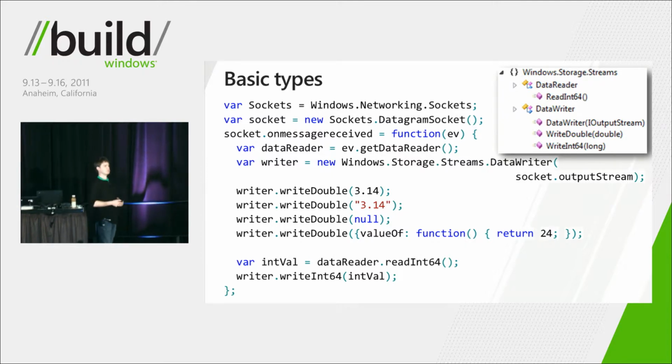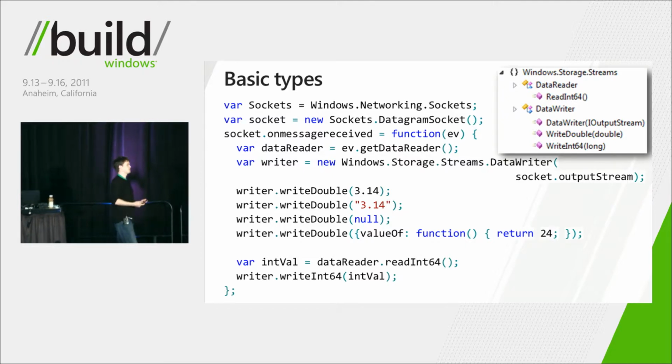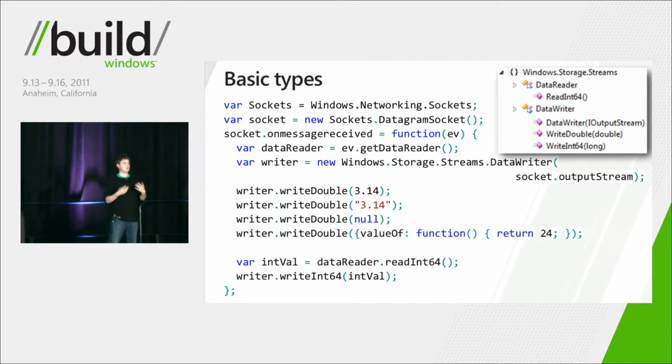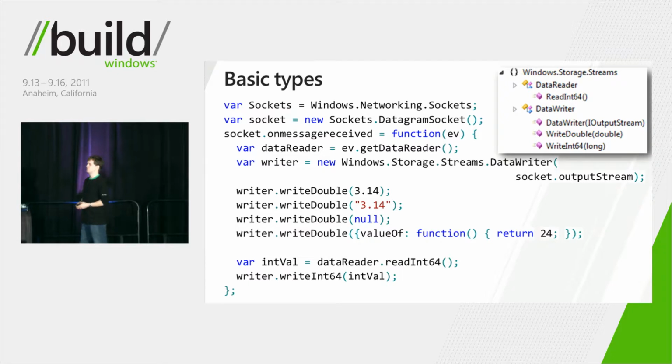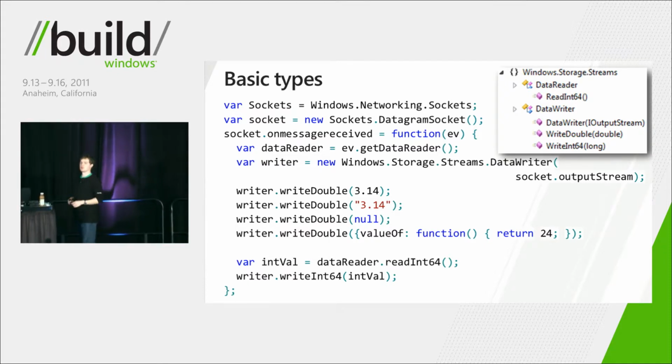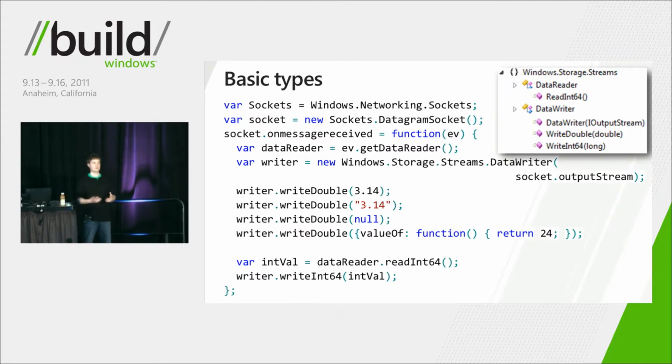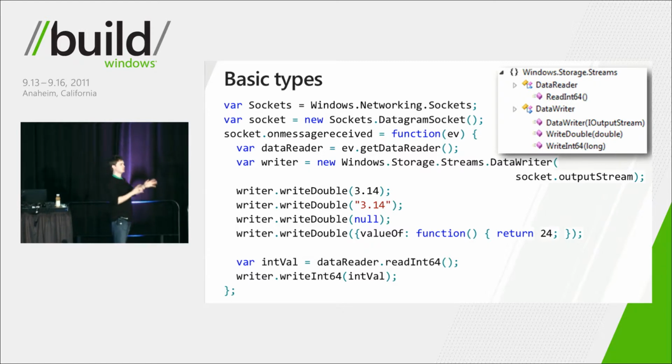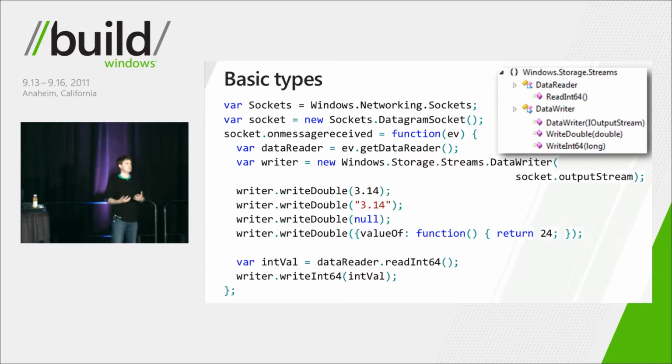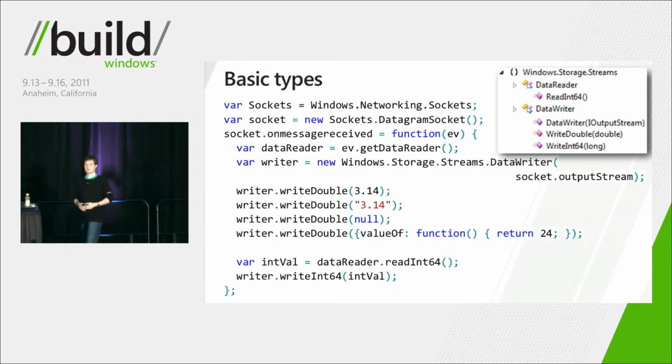So for basic types, just like you'd expect as a JavaScript developer, we want to make sure that when you pass data into the Windows runtime, we take care of converting that in whatever way we need to pass it correctly into the Windows Runtime API for you. So you can use these APIs, which from C# are strongly typed APIs, in a natural way from JavaScript as well.